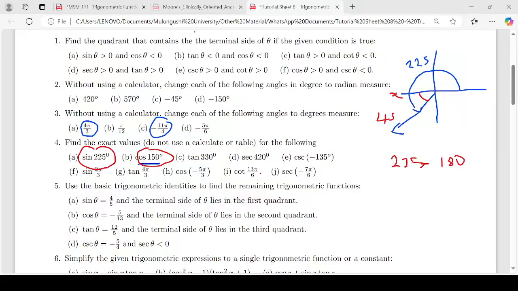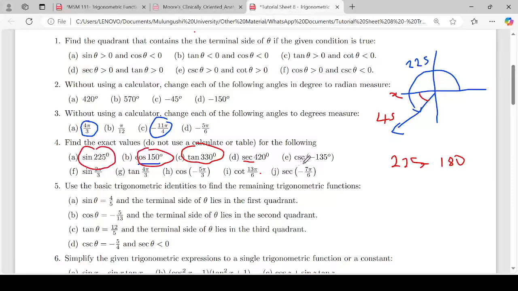Let's go to our tutorial. Okay, so we've answered this. I told you we have 6 trig ratios. We've been looking at tan, sine, and cos. In the other lesson, we'll just focus on this alone, and we have a lot to deal with.